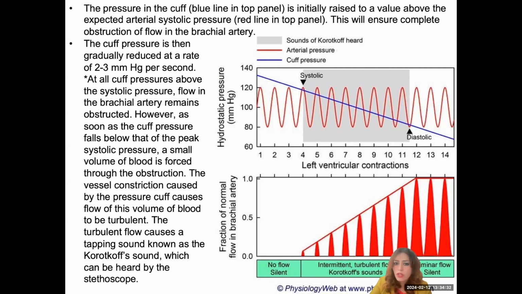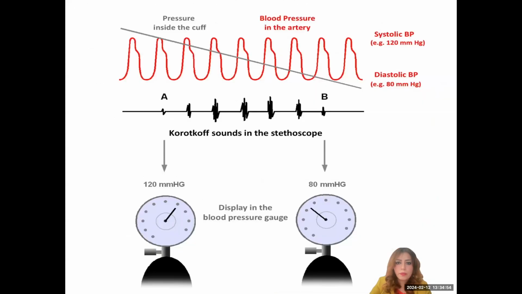The vessel constriction caused by the pressure cuff causes the flow of this volume of blood to be turbulent, and the turbulent flow causes a tapping sound known as the Korotkoff sound. This Korotkoff sound can be heard with the stethoscope. So Korotkoff sounds are the sounds that medical personnel listen to when they are taking blood pressure using a non-invasive procedure.